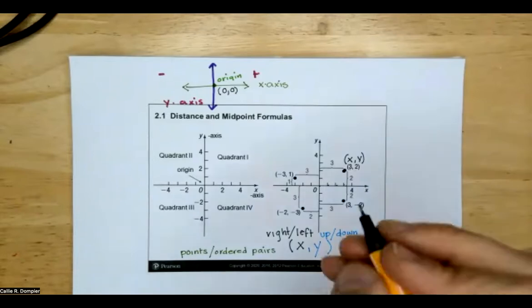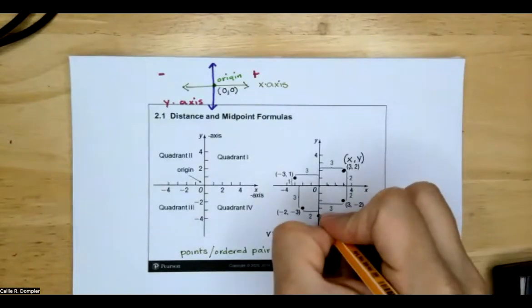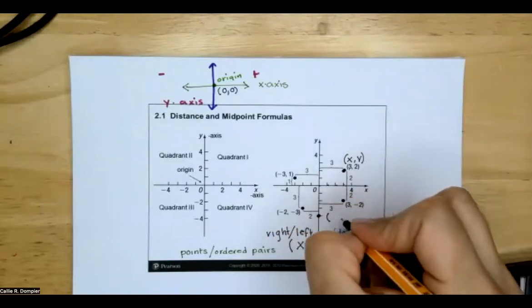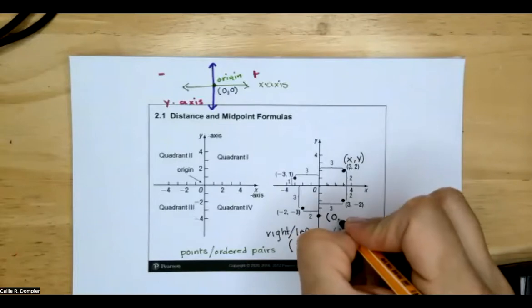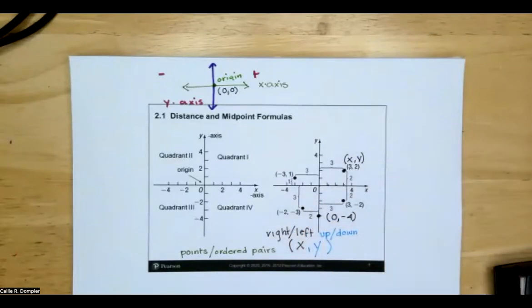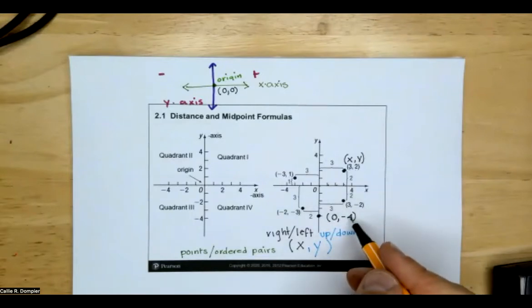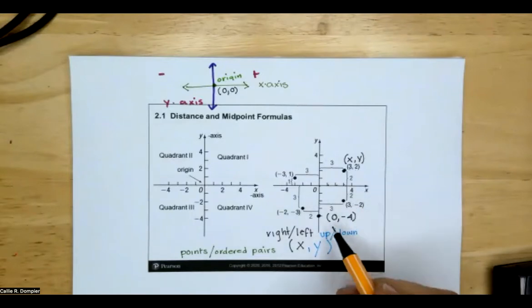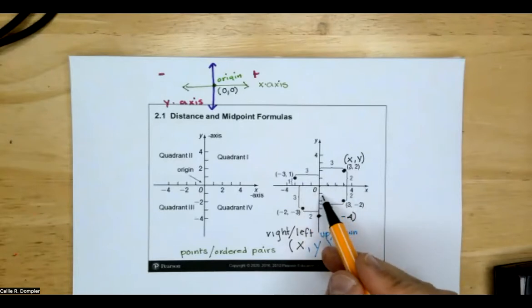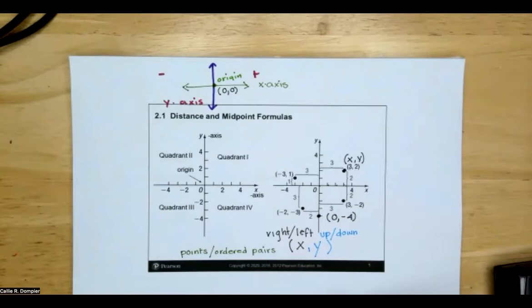What about if I had this point? This is actually the point 0, -4. Why is this the point 0, -4? Because on the x-axis, I did not move. I went 0 to the left, 0 to the right. On the y-axis, I went down 4.